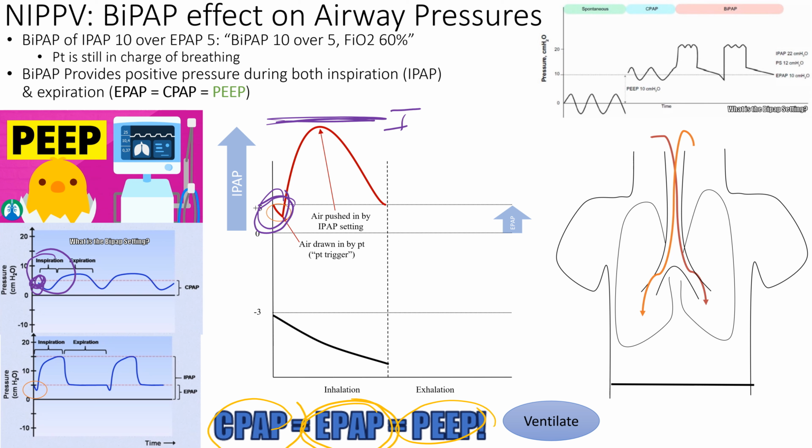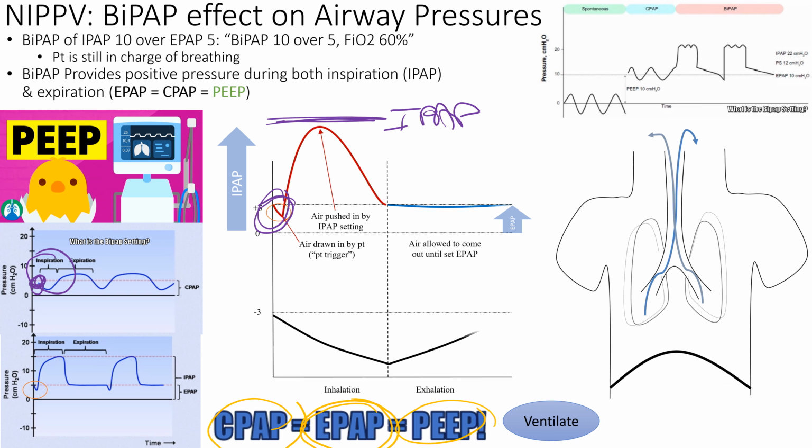That's my IPAP, so IPAP of 12 or IPAP of 16. It goes all the way up to that amount, and then we let it finish. Does it go all the way down to 0? No. It goes down to whatever you set the EPAP to, because that's going to help oxygenate. That's where we finish, and that's where we start.